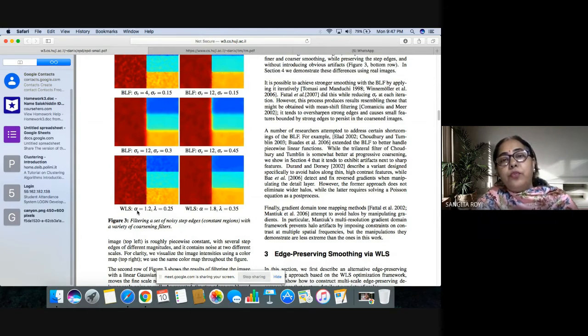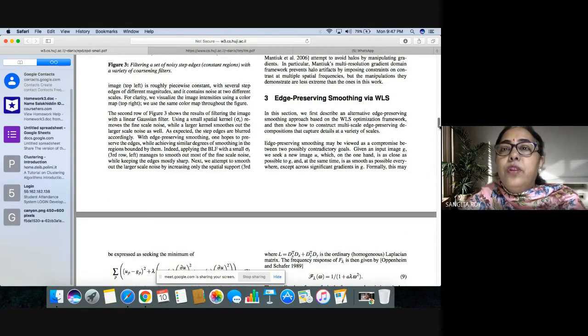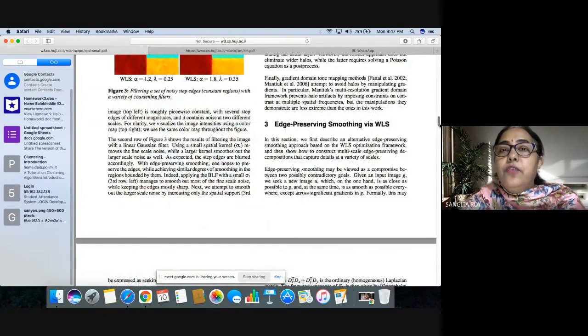So lambda 0.25 with alpha equal to 1.2, the output is shown over there, and with alpha equal to 1.8 and lambda equal to 0.35, details of this we will discuss subsequently. The output is shown. Therefore, the weighted least squares filter gives a better result than the bilateral filter and Gaussian filter. So this weighted least squares filter will be discussed in detail.